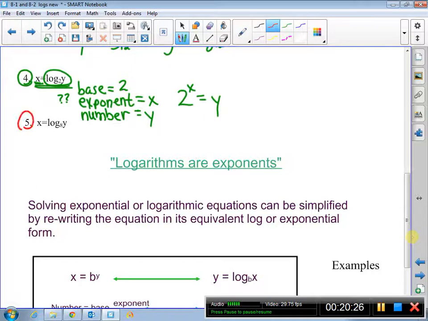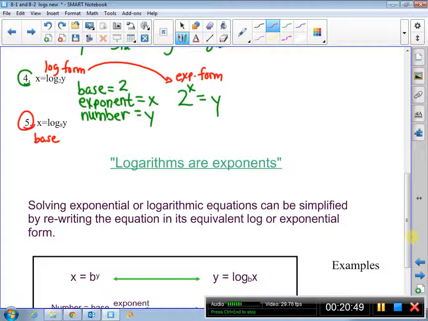Let's try another like that, number 5. When you look at this, we're going to rewrite it back in exponential form. So notice in number 4, this was in log form and we rewrote it in exponential form. Up above, we did the opposite. So the base in number 5 is 8.